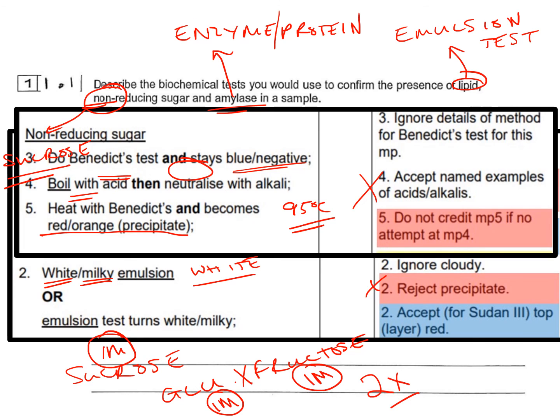So you would have double the concentration of reducing sugar compared to the concentration of sucrose. So that's really important. It's just like saying if you had 1 molar maltose and maltase was added to hydrolyze the bond, you'd have double the concentration of reducing sugar because you'd have double the concentration of monosaccharide.